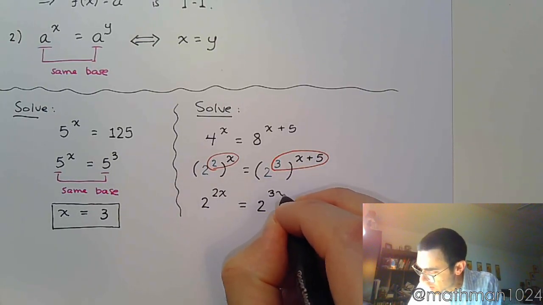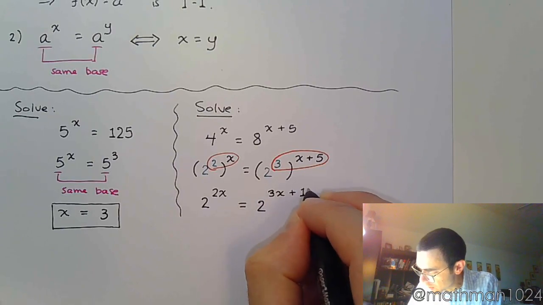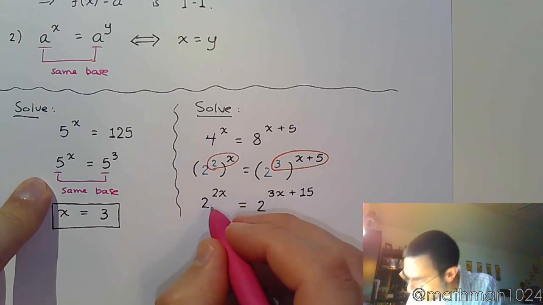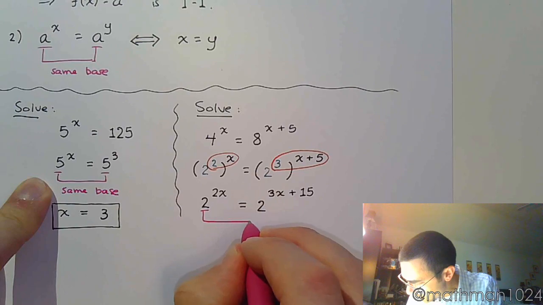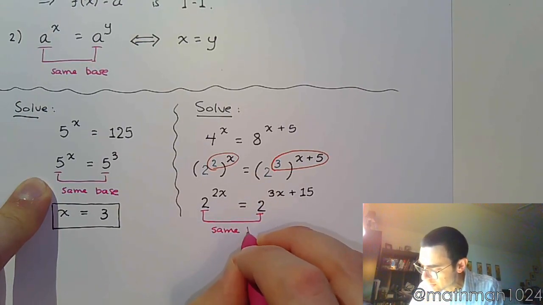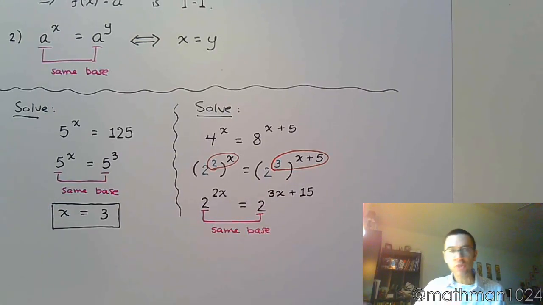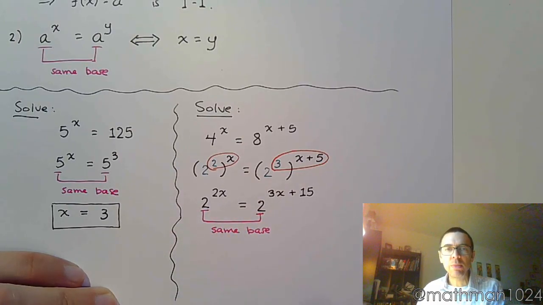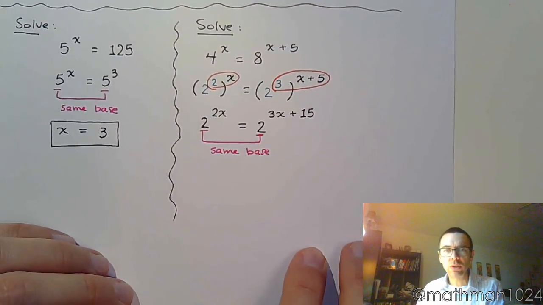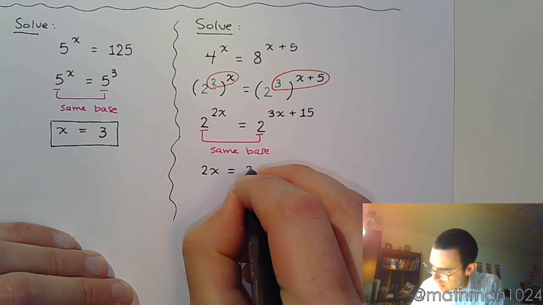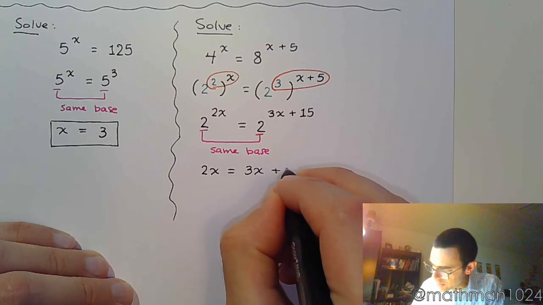That's going to be 3x, and then 3 times 5 is 15. And just as we saw in the last example over here, we now have an equation where you have the same base. And as we saw, if we have the same base, that means that those powers must also be equal. So that means we can say that 2x is equal to 3x plus 15.